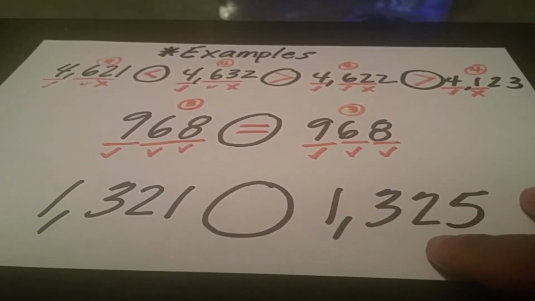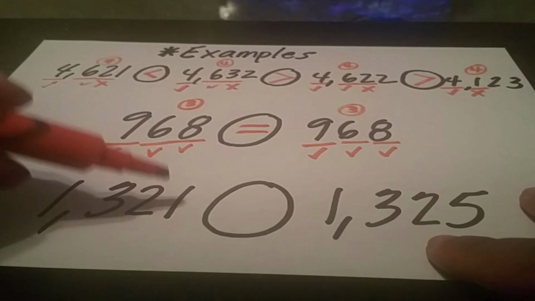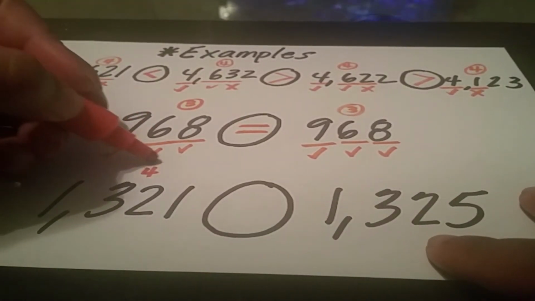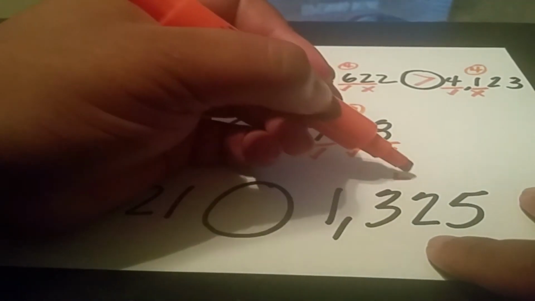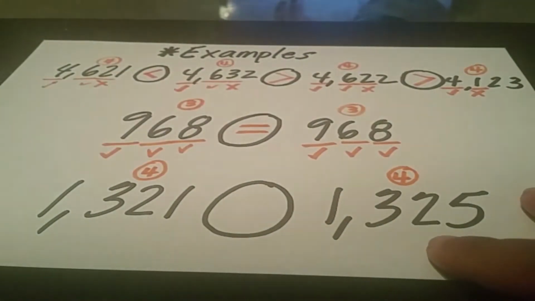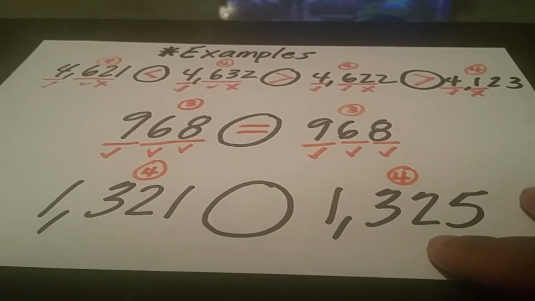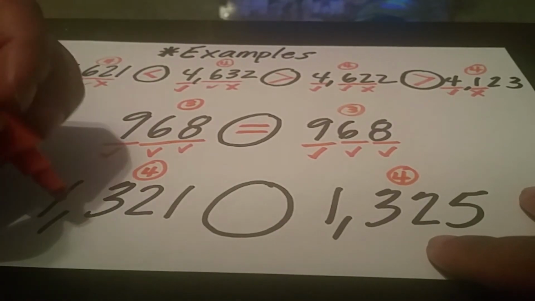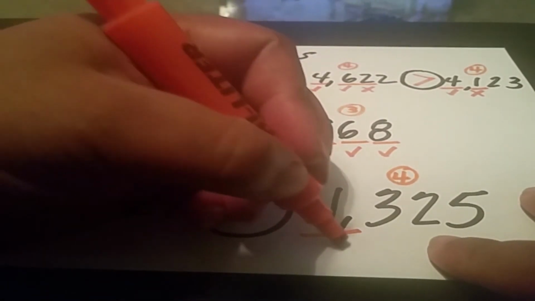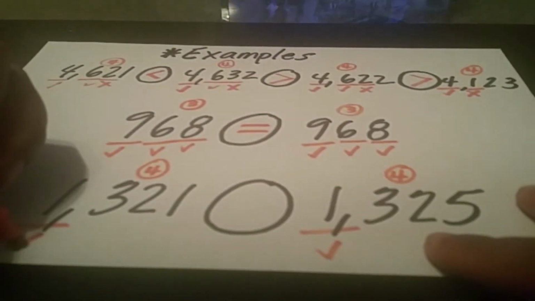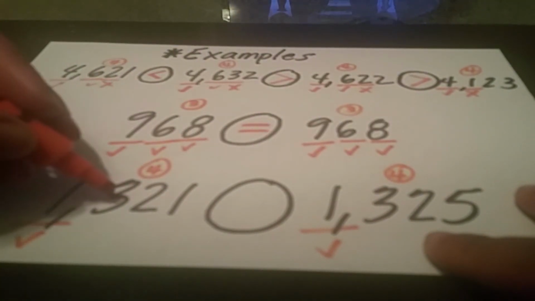One last example. We're going to do the same thing. We count our digits. 1, 2, 3, 4. Here, 1, 2, 3, 4. Now, we have the same amount of digits. Now we go place value by place value. There's a 1 there, 1 there. They check off. There's a 3 here, 3 here.